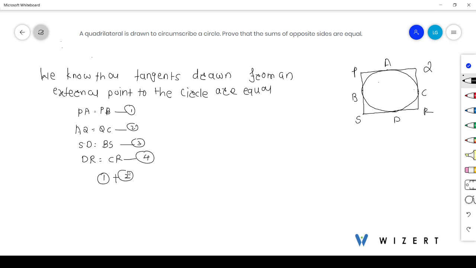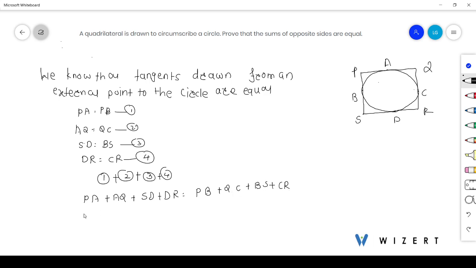Add 1, 2, 3 and 4. We get PA plus AQ plus SD plus DR equals PB plus QC plus BS plus CR.